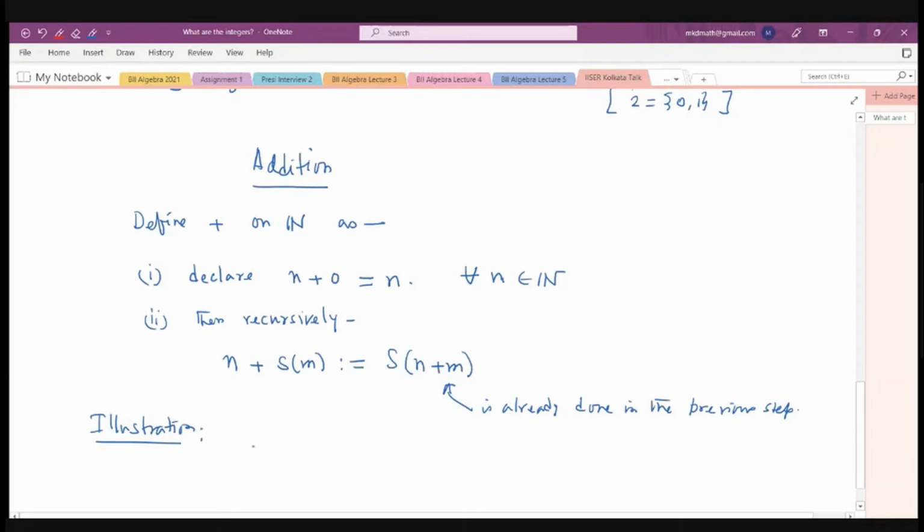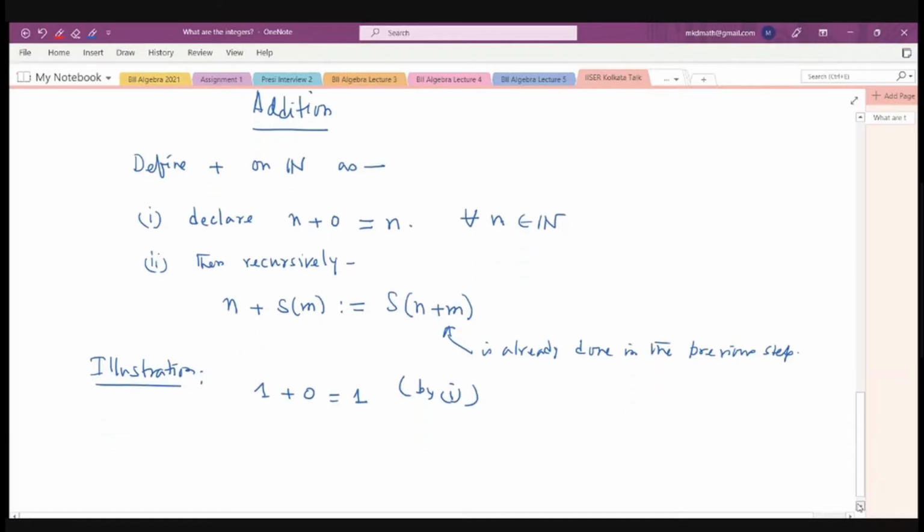So you know 1 plus 0 is equal to 1. This is by 1, right? Now you would like to know what is 1 plus 1. I want to apply this formula 2. So I will write it like this: 1 plus s of 0. 1 is successor of 0.